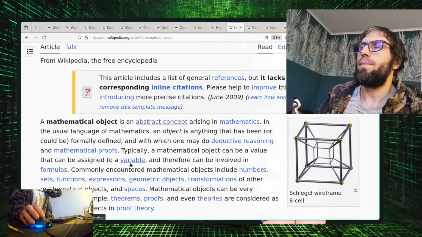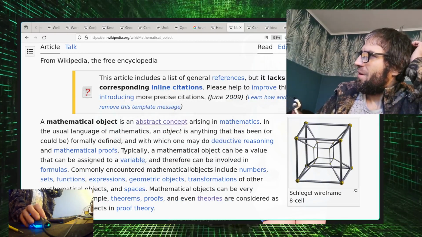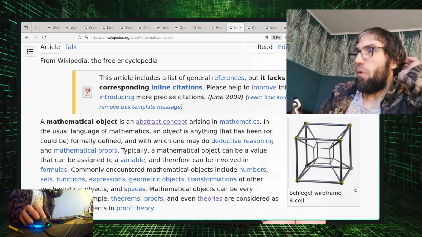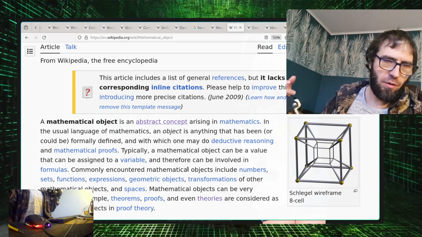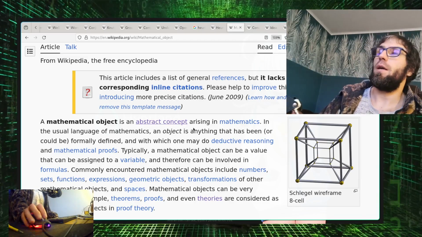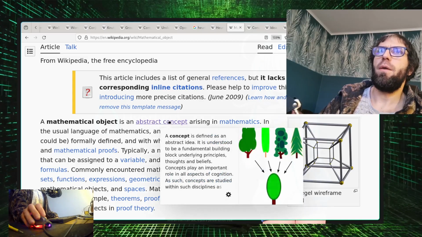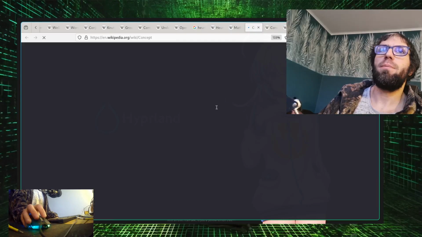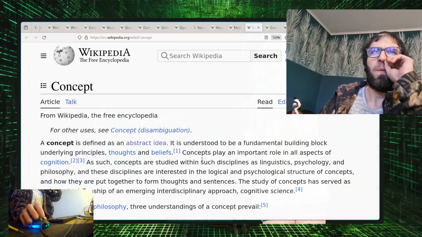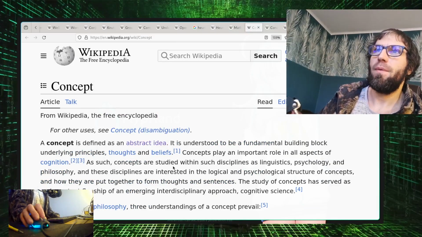So there are many objects, but what is some property of all these objects which they all have? And this is abstract concept. And again, what is abstract concept? This is an abstract idea.